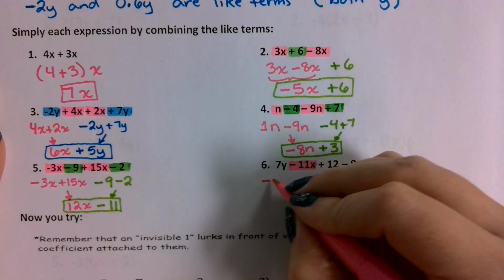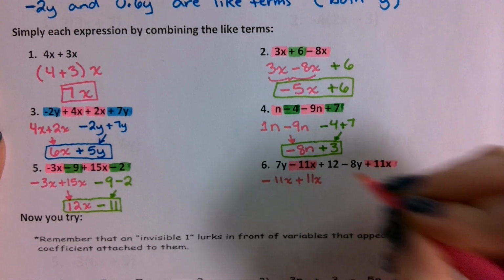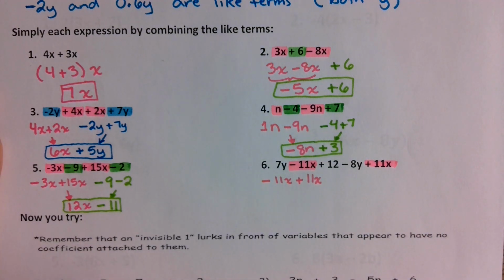So if I've got a negative 11x plus 11x, what does that come out to, Richard? A 0 pair. Very good. I'm glad you used that term too. You get a bonus point in here for today. 0 pair. It's creating a 0 pair, which means it's zeroed out. It's not going to be there.